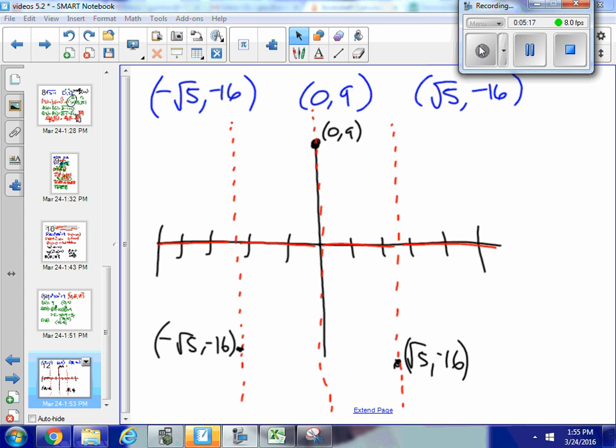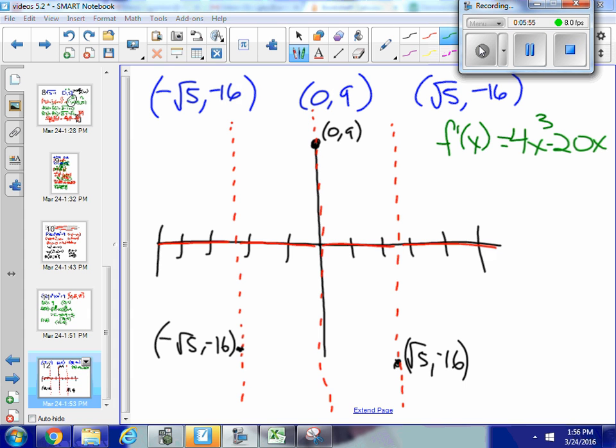So what I am going to do is take my derivative, f prime of x equals 4x cubed minus 20x. And I'm going to test points in each of these intervals to tell me whether the derivative is positive or negative. A positive derivative means that the function is increasing. A negative derivative means that the function is decreasing, because as you remember, the derivative is the slope of the tangent line of the function.